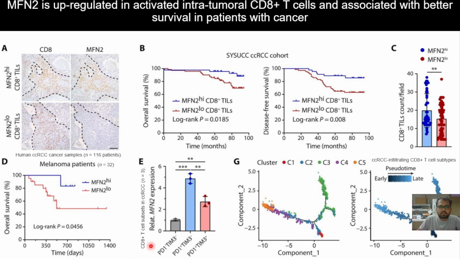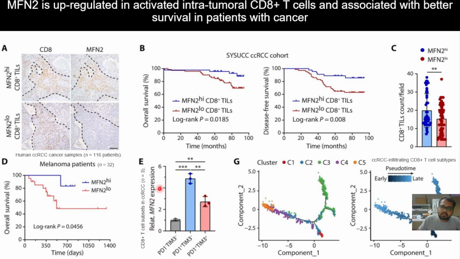Similarly, they checked different markers of activation of CD8 T cells: PD1 negative and TIM3 negative, which suggests naive T cells; PD1 positive and TIM3 negative, a marker which suggests activated T cells; and PD1 positive and TIM3 positive, which suggests exhausted T cells.